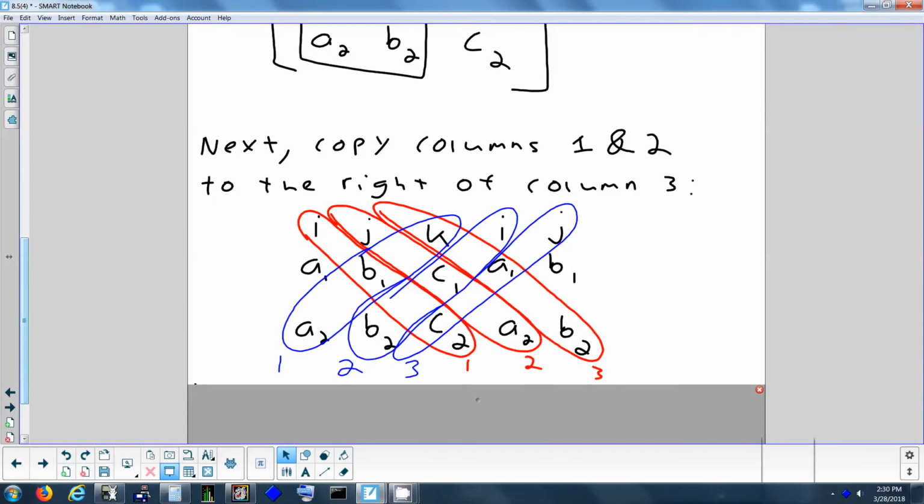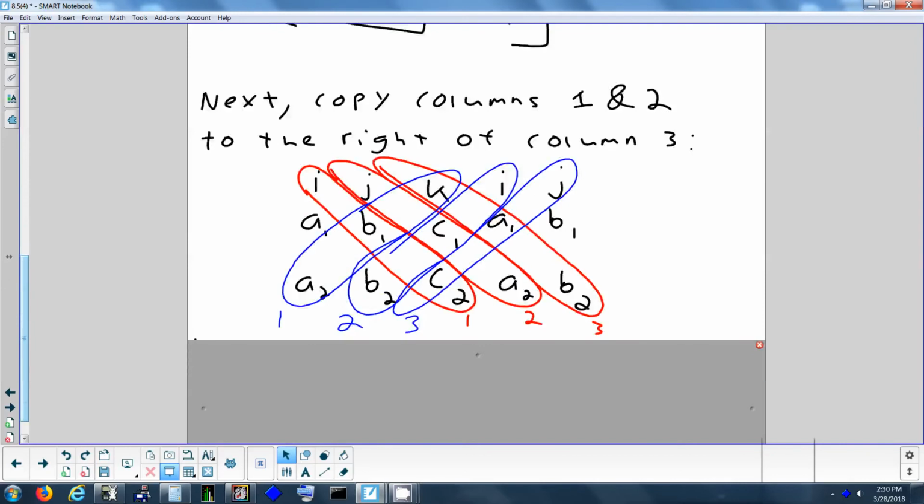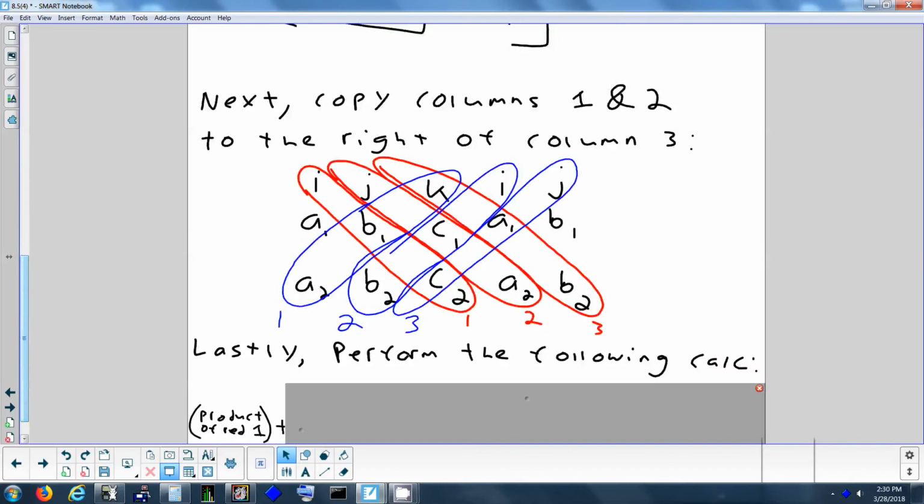We're going to be finding products. We're going to take everything that's in red 1 and multiply it together. Plus, take everything in red 2 and multiply that together.